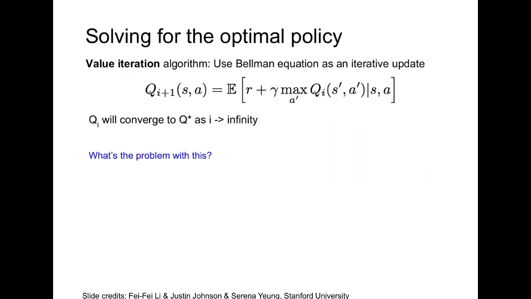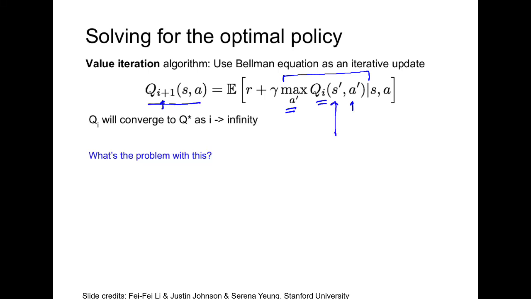So how do you actually update your Q of s comma a at time step i plus 1? Let's say I already know it at time step i. Then I take the action that maximizes this Q i of s prime comma a prime, so that I can find the action that maximizes this. But now my next state s prime is a random variable.